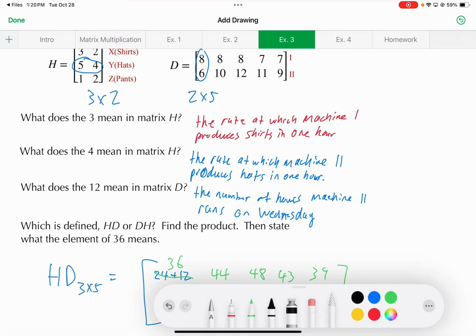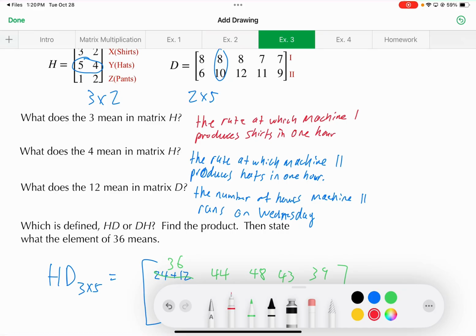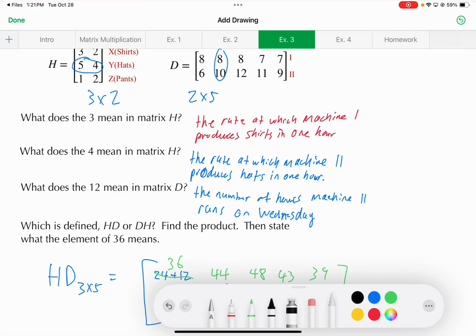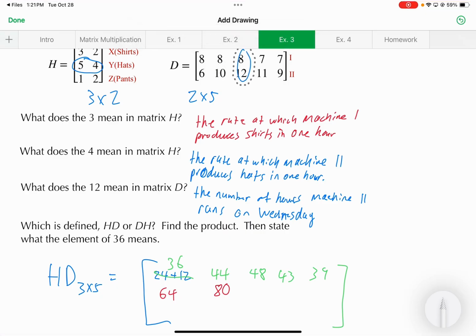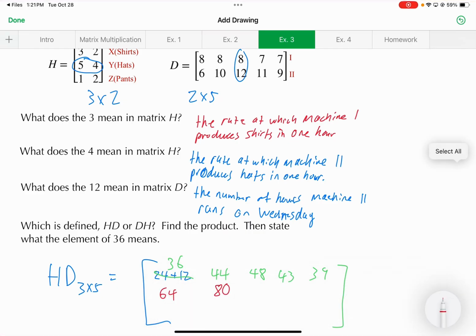All right, and then we want to do 5 times 8 plus 4 times 10. 80. All right. And then I need to do 5 times 8 plus 4 times 12. 84? Right?